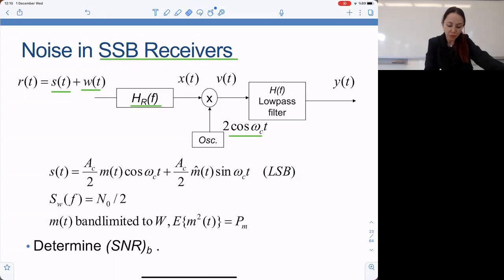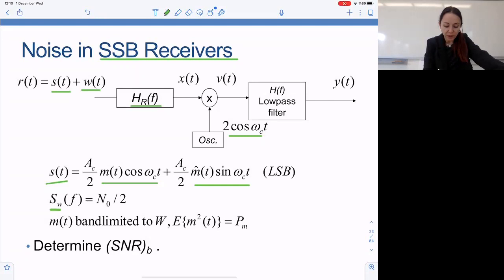Our signal structure in SSB is going to be a little different because we have an in-phase component and a quadrature component. That is, we have a sine and a cosine term. So then you may say both the in-phase and quadrature noise components are going to matter for this case. Well, let's see if this is going to reduce the figure of merit below 1 or not.